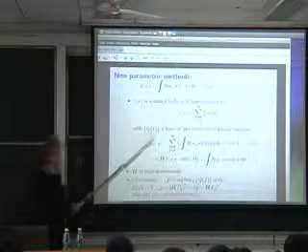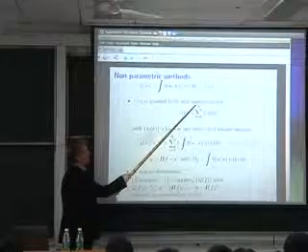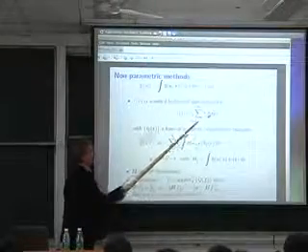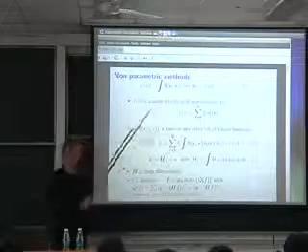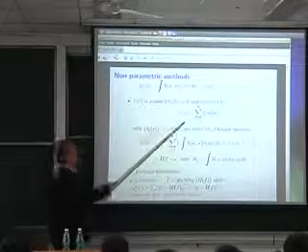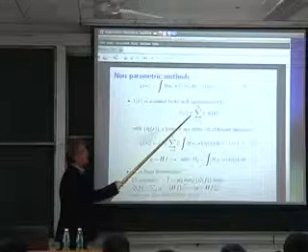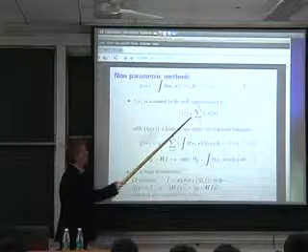Okay? So the number of these basis functions in general must be really high to be able to do this approximation well.